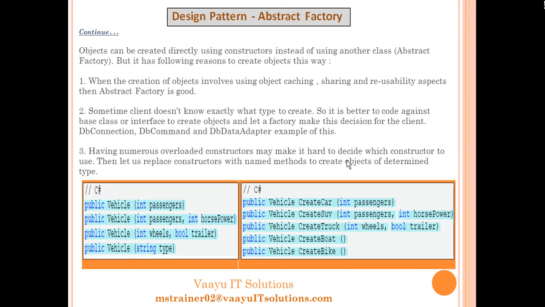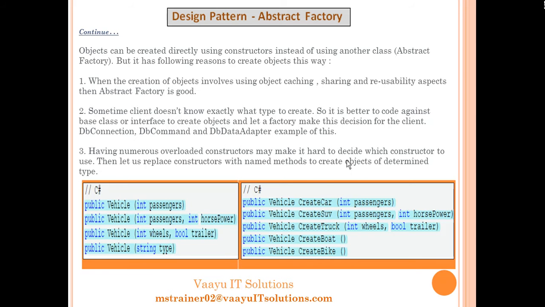Number three, if you have various constructors, it may be hard to decide which constructor to use for which purpose. If we give a name to each constructor, it will be easier to create objects of that type. In this example, public vehicle interior passengers.